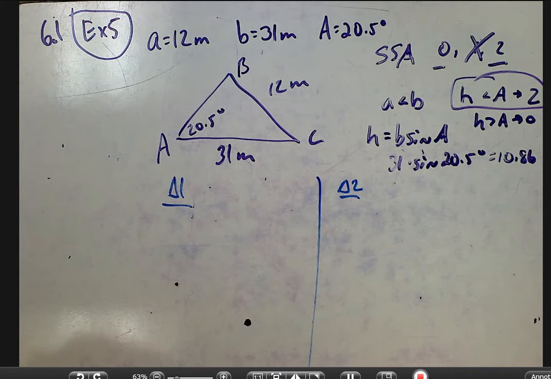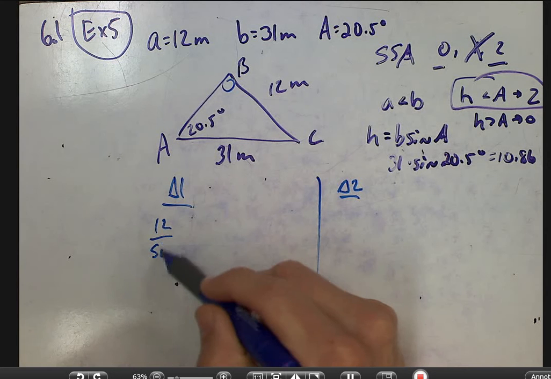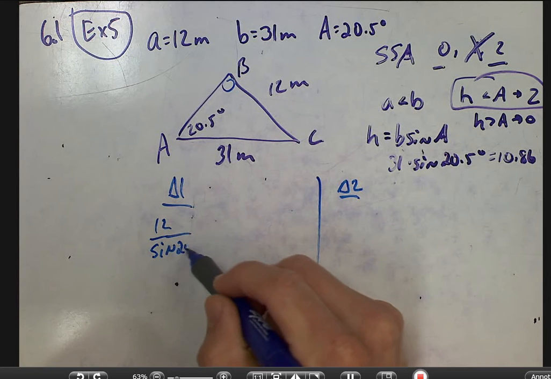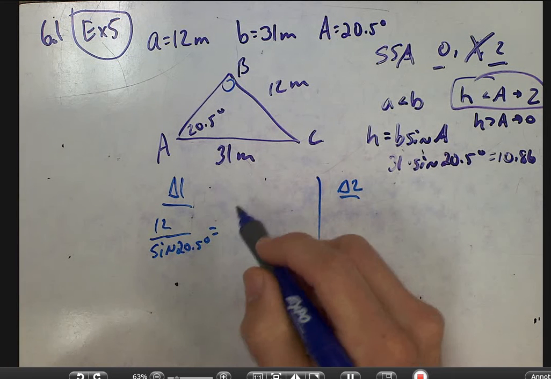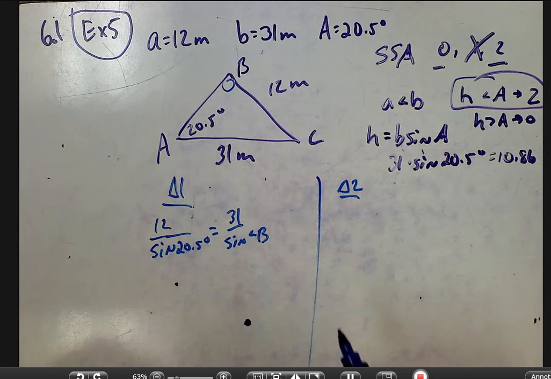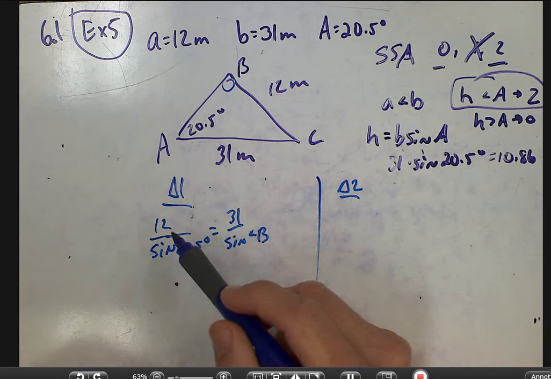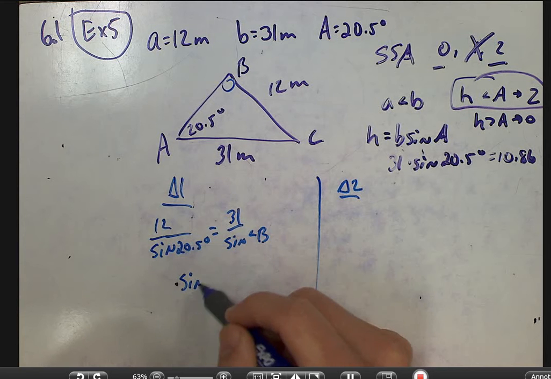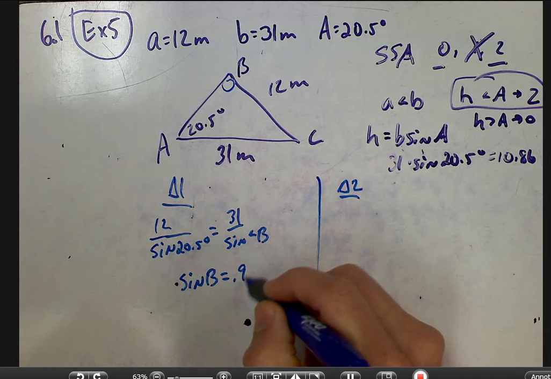So for triangle 1, the first thing I can do is solve for angle B. It's 12 over the sine of 20.5 degrees equals 31 over the sine of angle B. I'll do 31 times sine 20.5 degrees, divide that by 12, and the sine of B is equal to 0.9047.